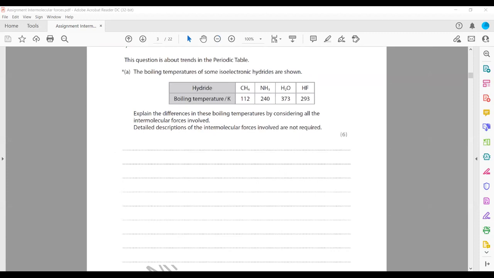First, CH4 has the London dispersion force or dipole induced dipole force. First, we identify the type of bonding. So in CH4, what kind of force is there? It will have London dispersion force. You can even say London force or dipole induced dipole force.